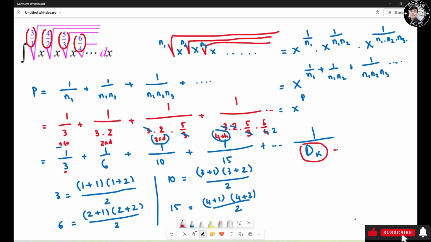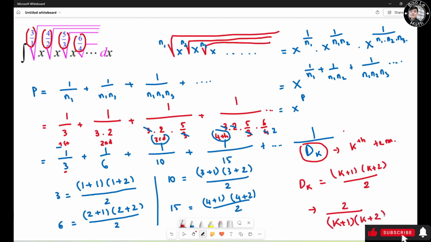So dk, which means the kth term, is dk equals k plus 1 times k plus 2 divided by 2, right? Now 1 over dk is 2 over k plus 1 times k plus 2.